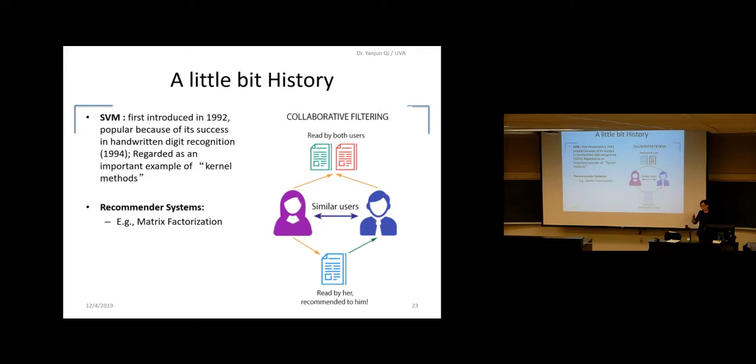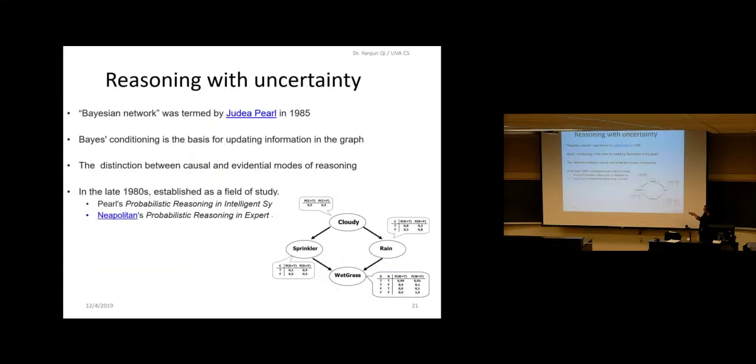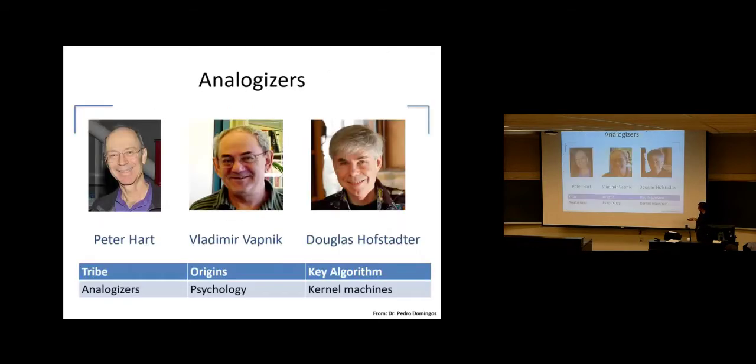Then it dominated the machine learning field from the late 1990s to the early 2010s. Also this crowd, the Bayesian networks and graphical models, were the dominating crowd after the 1990s and before deep learning started in 2012.